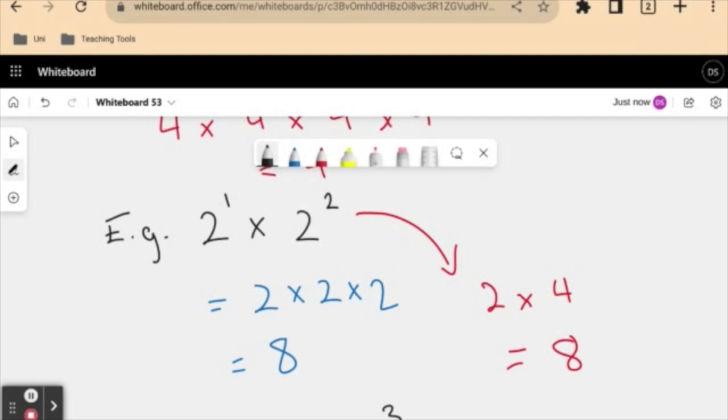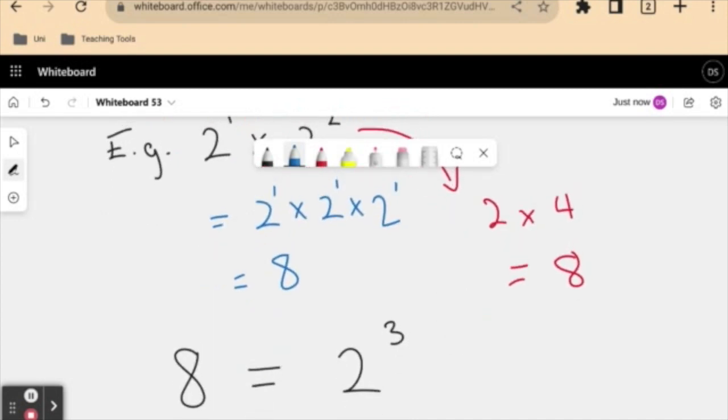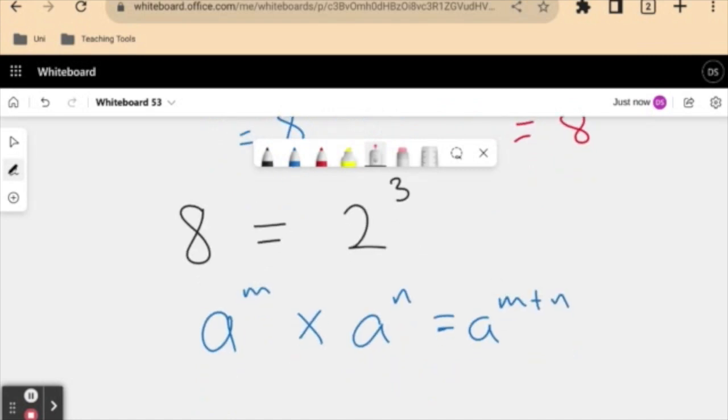So when we multiplied 2 to the power of 1 by 2 to the power of 2, when we split these up, we just wrote this as 2 to the power of 1 times 2 to the power of 1 times 2 to the power of 1. And adding 1 three times, 1 plus 1 plus 1, gives us a 3 here. It's the same as if we had 1 plus 2 here. If we didn't decompose this, adding my powers, I just get the same base to the power of 3.